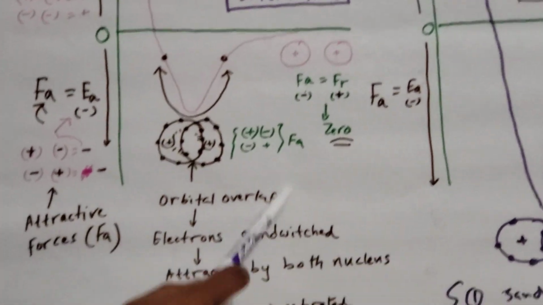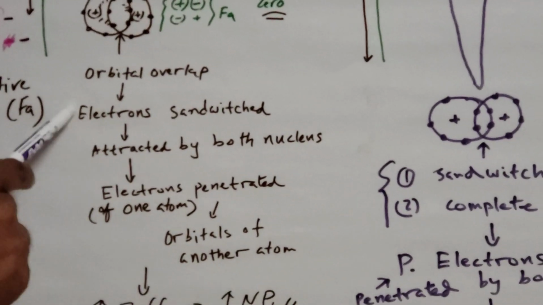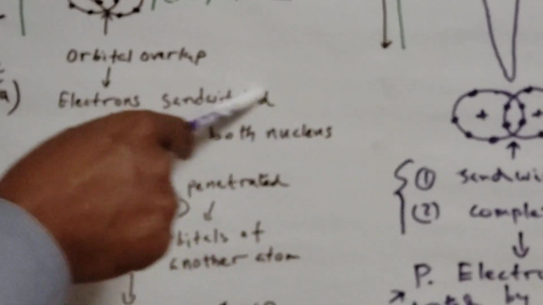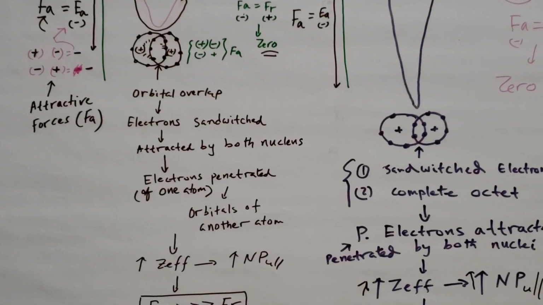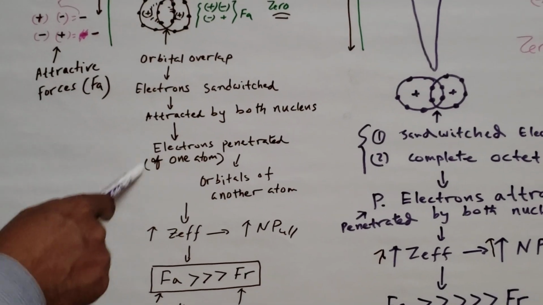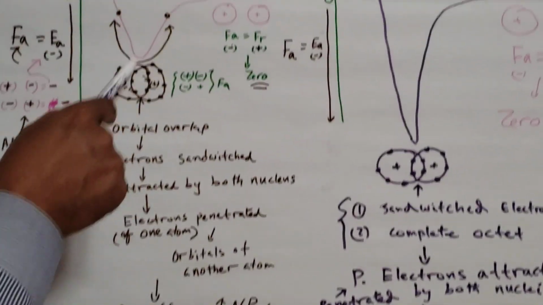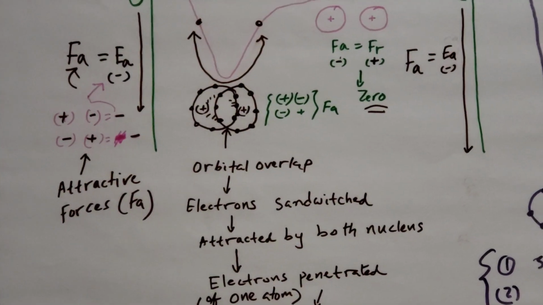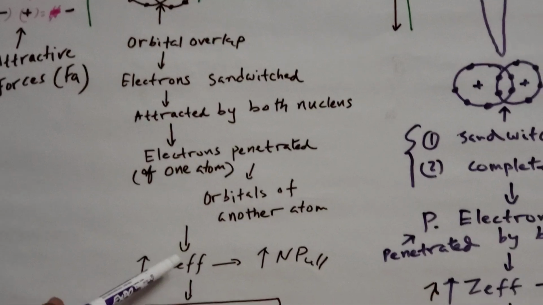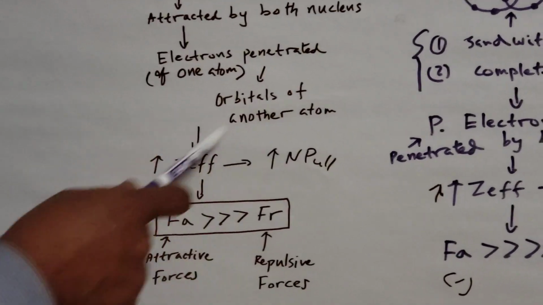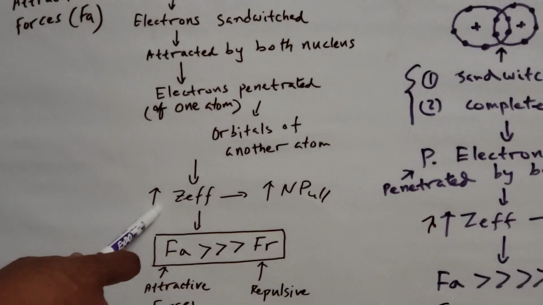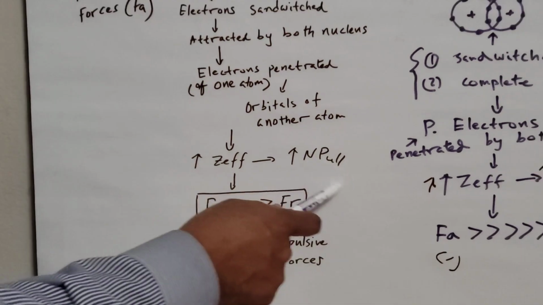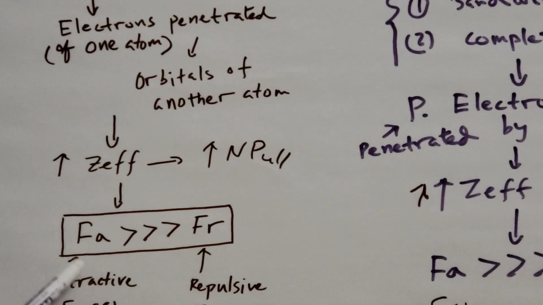So when orbitals overlap, what happens? You have sandwich electrons, and the sandwich electrons are attracted by both nuclei. In another way, you can see that they have penetrated the orbital of the other atom. This orbital penetration will increase your effective nuclear charge, and this will also give you a high nuclear pull.